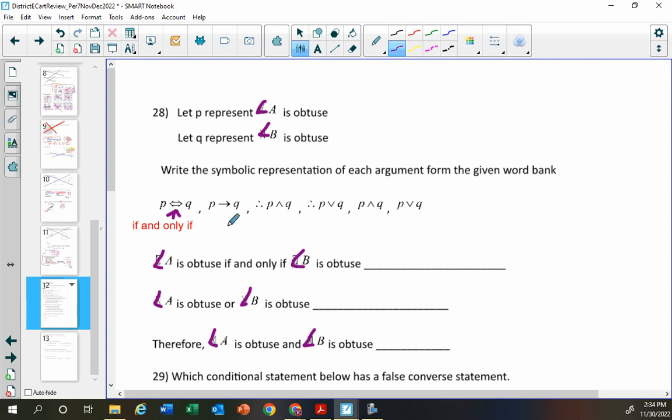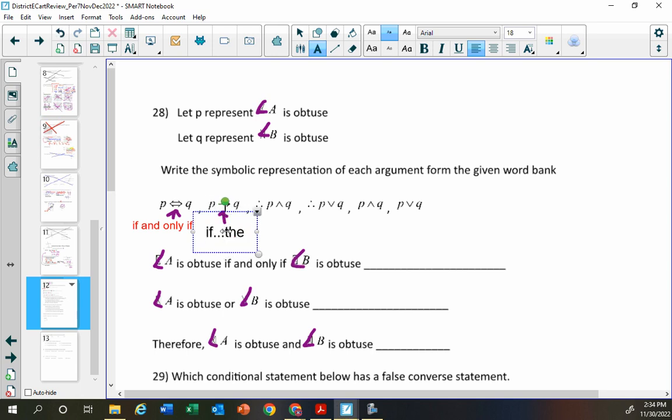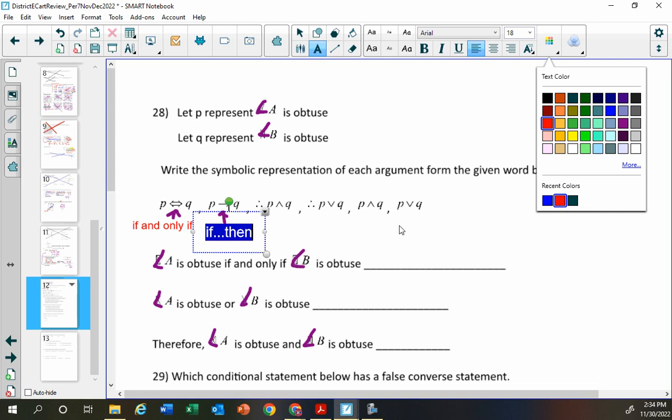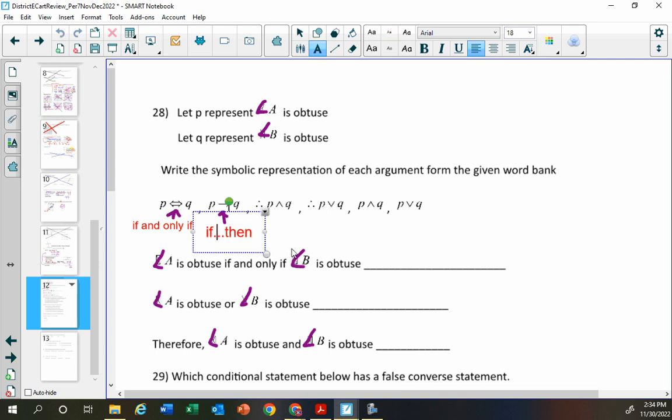Okay, this one. See this arrow? That's basically saying if, then. If you see just a single arrow, in this case, it'll be if P, comma, then Q. Now, P and Q are going to represent certain statements.